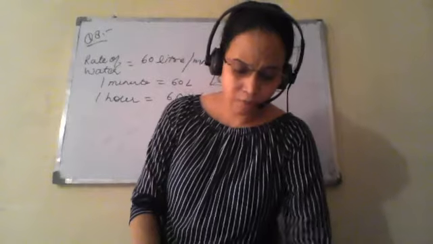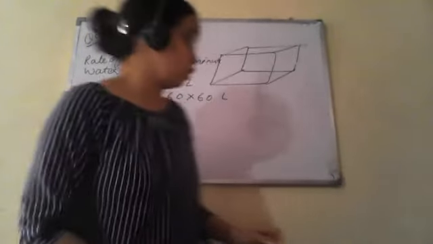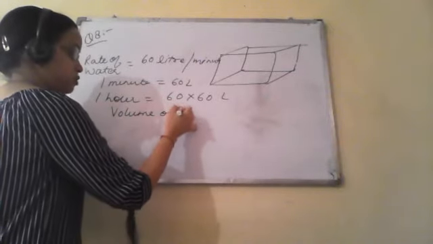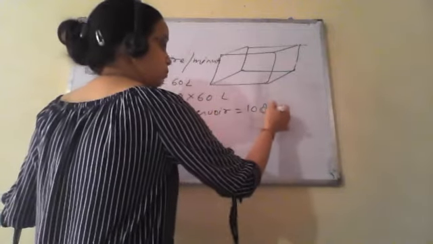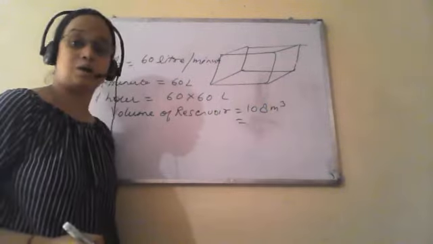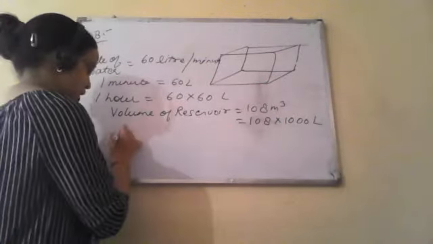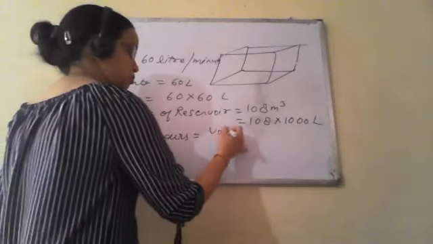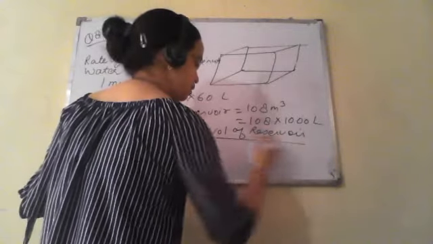Okay. Now if the volume of reservoir is 108 meter cube, find the number of hours it will take. So volume of reservoir equals 108 meter cube, and 1 meter cube equals 1000 liter. So it will be 108 into 1000 liter. So this much is the volume of reservoir. So number of hours required to fill it will be volume of reservoir divided by rate.